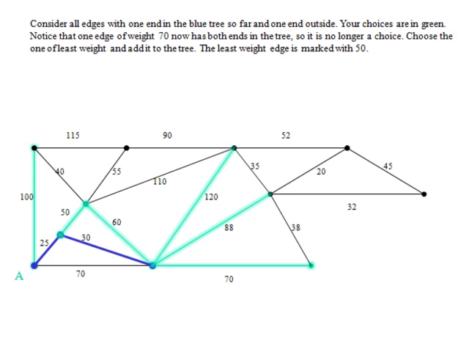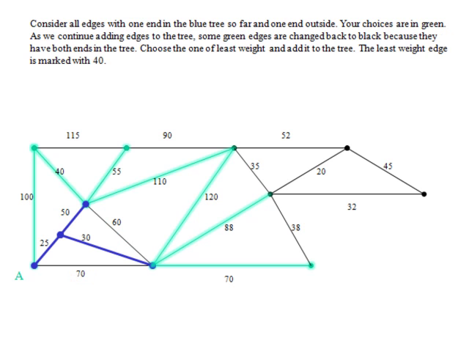Notice here the 70, which at my last step was under consideration, is no longer under consideration because it has both vertices in the blue tree. The edge of least weight from this subset is going to be the 50, and I'll take that and add it to the tree.